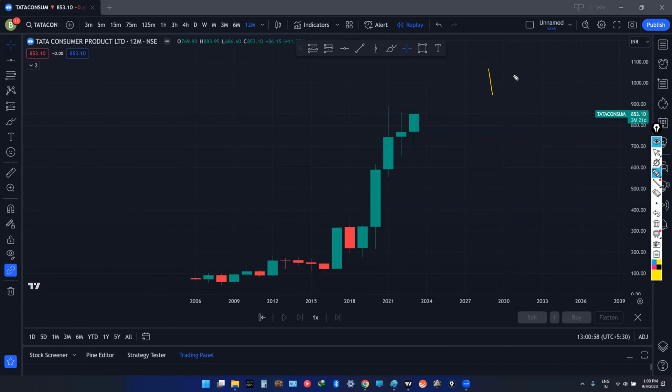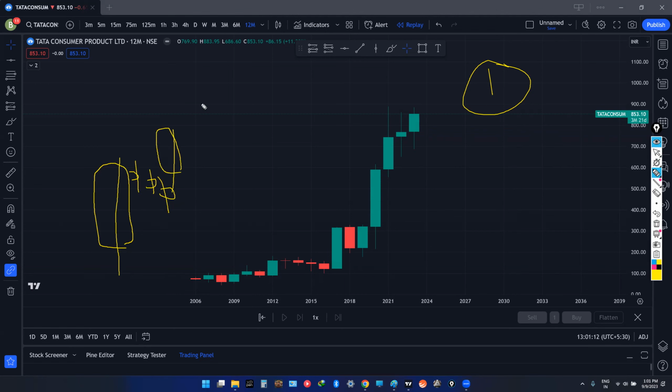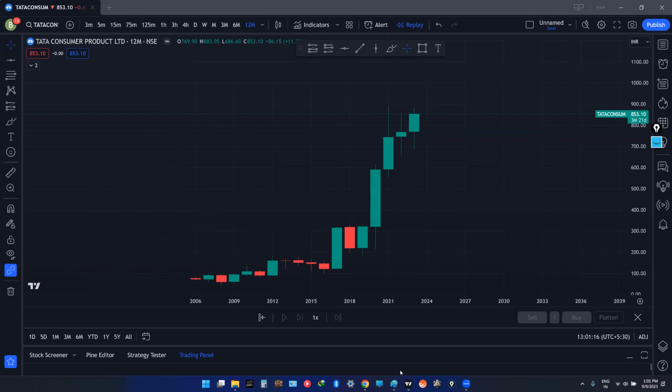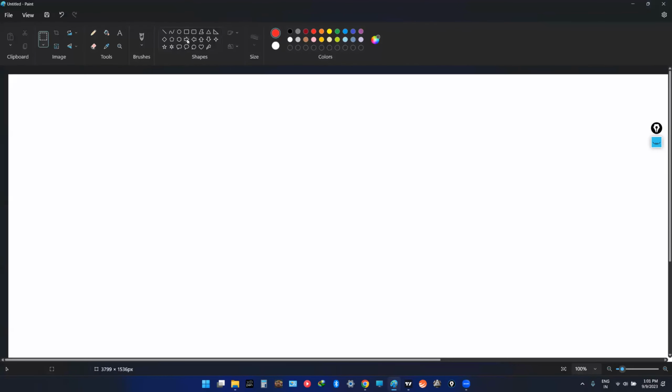okay, one more point you need to always observe. After every big candle, there are a few small candles, and then when it again starts to go up, you can expect a big candle. It can be on either side. See, it can be like this also.